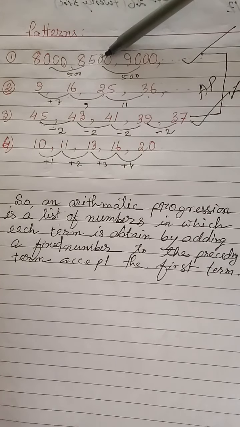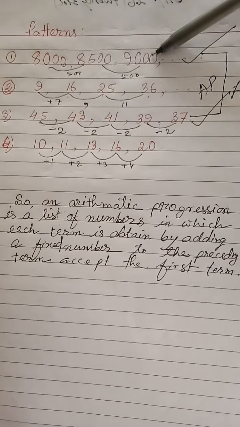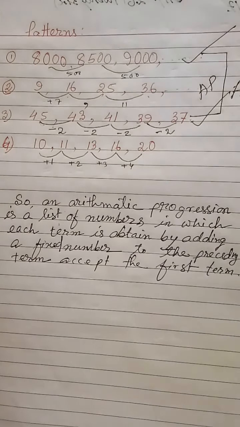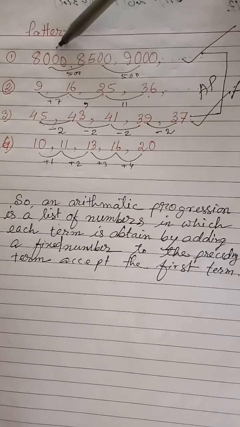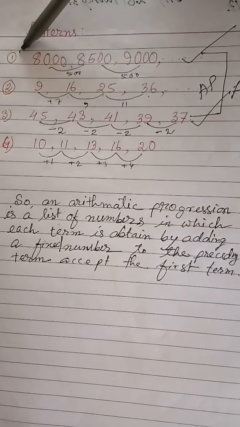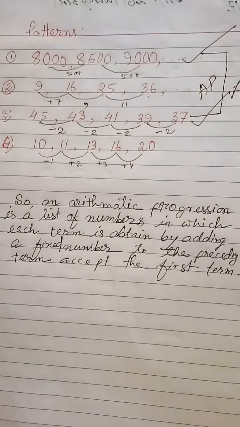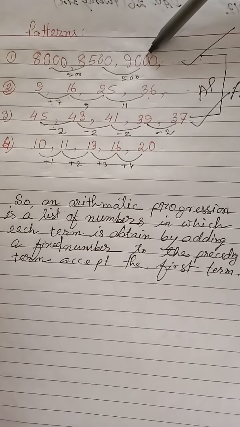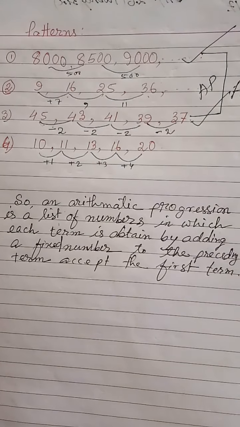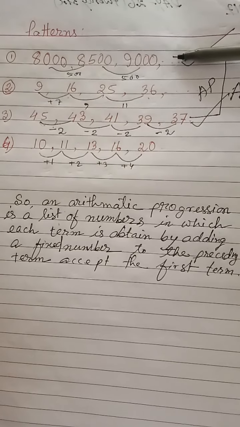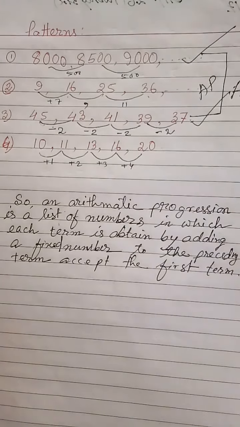Again to this previous term you add the fixed number 500 and get the next term. Except the first term, we don't add any number to a previous number to get this 8000. So all the terms are obtained by adding a fixed number to the preceding number. So this list of numbers is called an arithmetic progression.